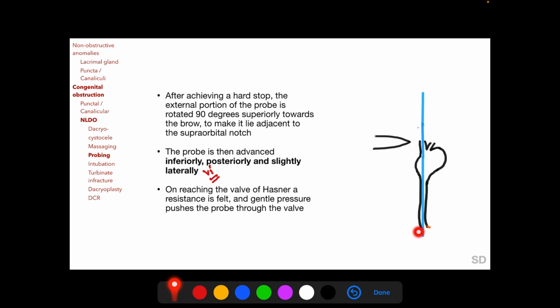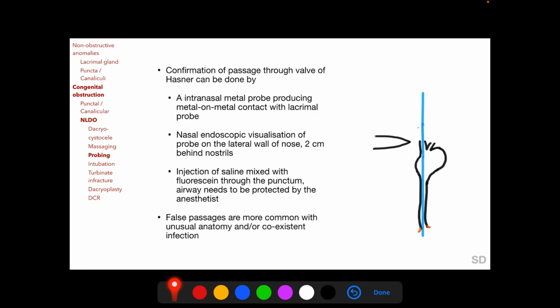On reaching the valve of Hasner, resistance is felt and gentle pressure pushes the Bowman's probe through the obstruction at the level of the valve of Hasner. Confirmation of passage of the inner end of the Bowman probe through the valve of Hasner can be done by either an intranasal metal probe producing metal-on-metal contact with the inner end of the Bowman probe, visualization of the inner end of the Bowman probe on the lateral wall of the nose 2 cm behind the nostrils with a nasal endoscope, or by injection of saline mixed with fluorescein through the punctum, but for this the airway needs to be protected by the anesthetist.